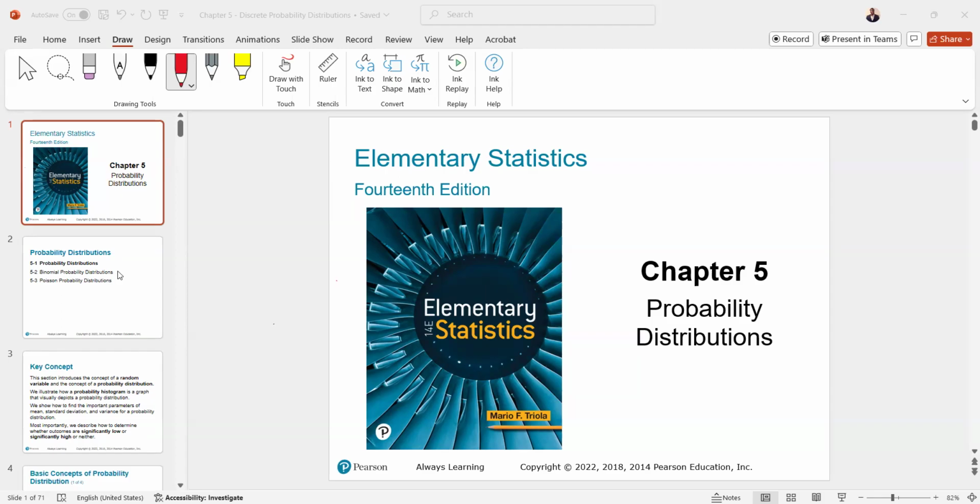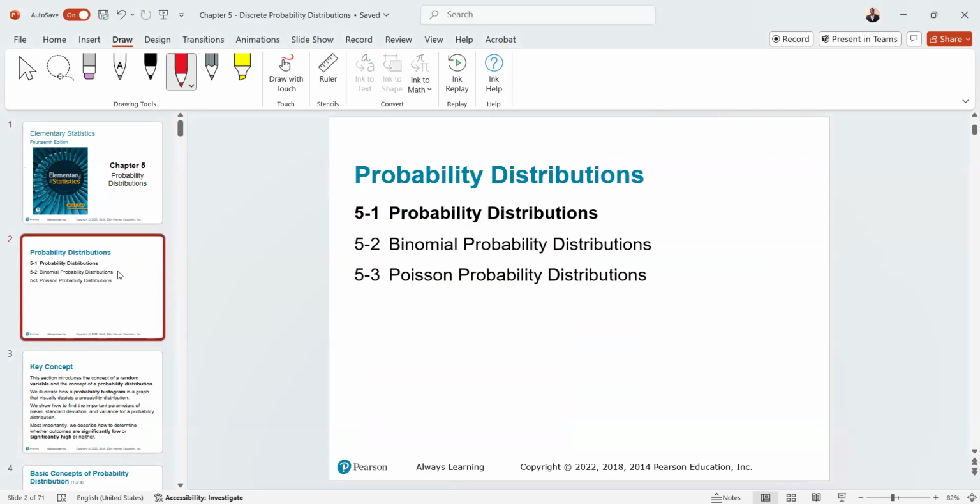In the first sections, let's focus first of all on how to find probability distributions. We're going to define random variable and probability distribution. We're going to determine whether the requirements of a probability distribution are satisfied when given values of a random variable along with their corresponding probabilities.